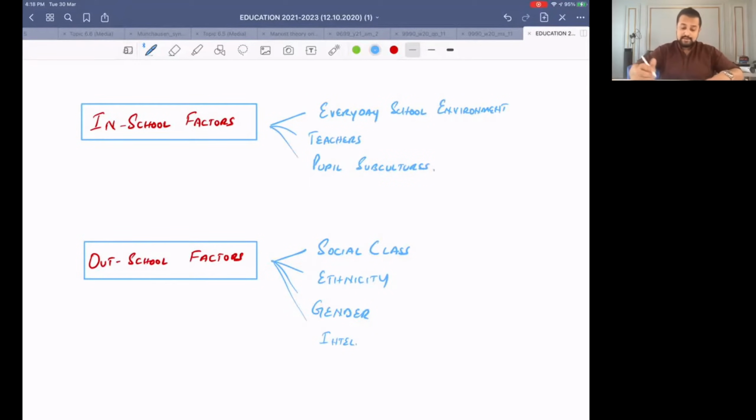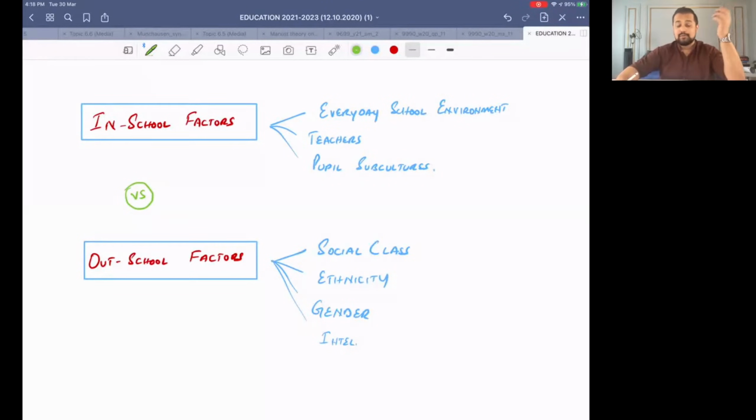Now, why are we referring to them as in school or out school factors? Your school plays no role in determining or affecting your social class.